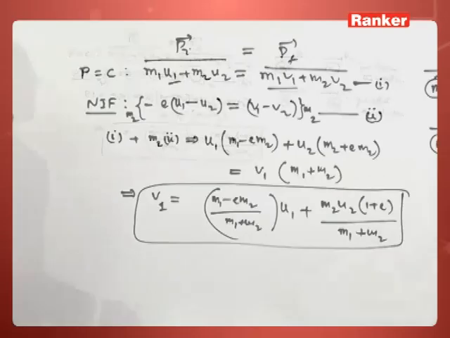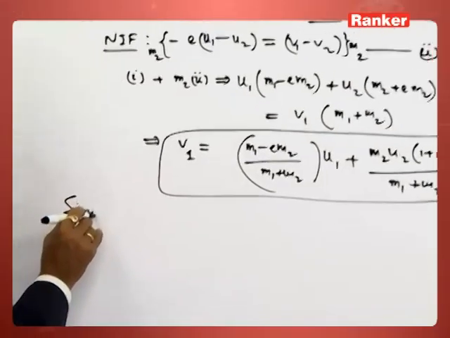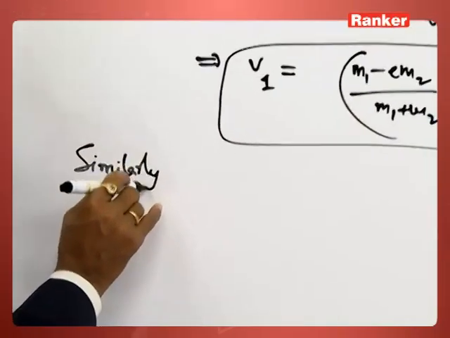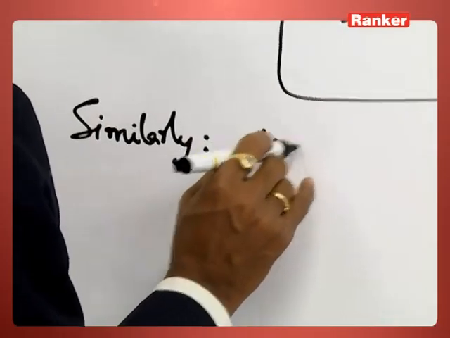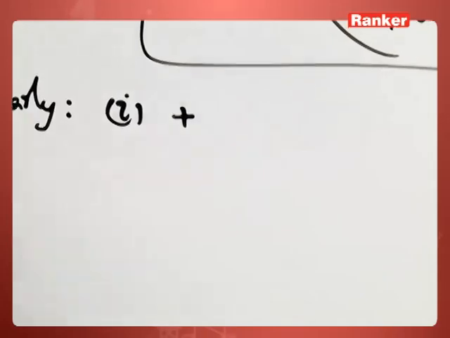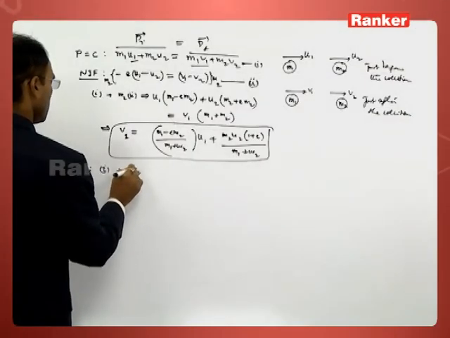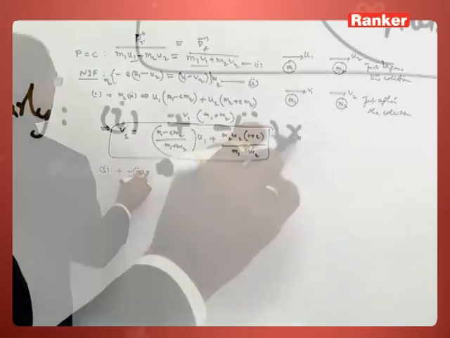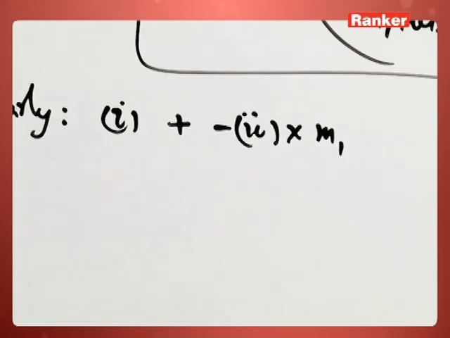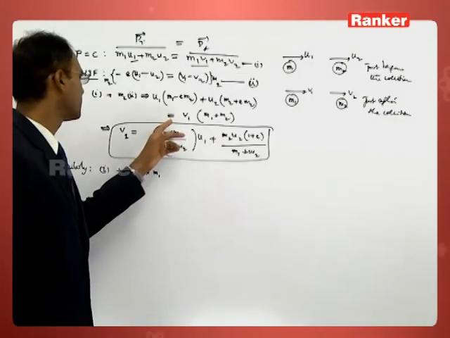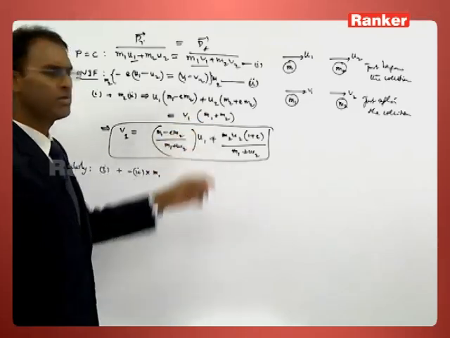Similarly, if you add equation 1 with minus of equation 2 into m1, you will be able to cancel the u1 factor to get v2.